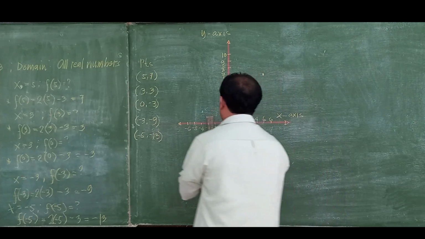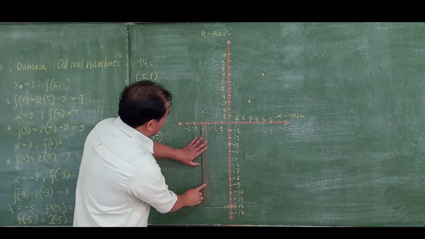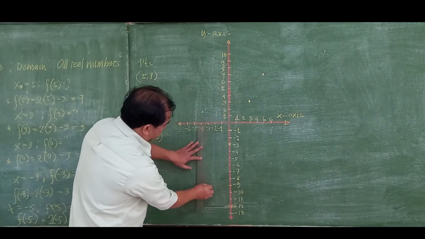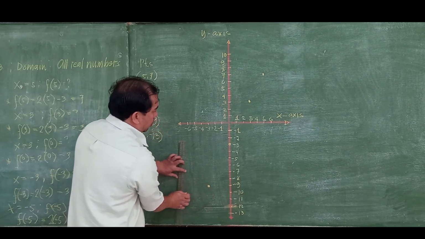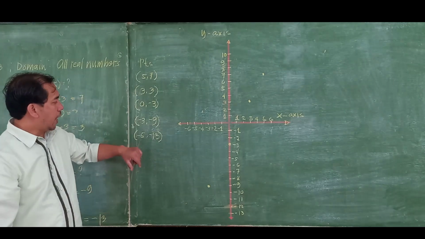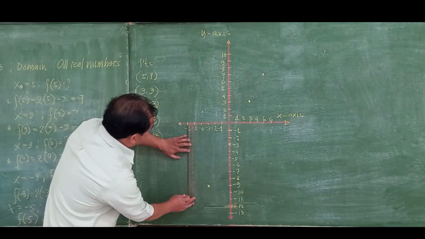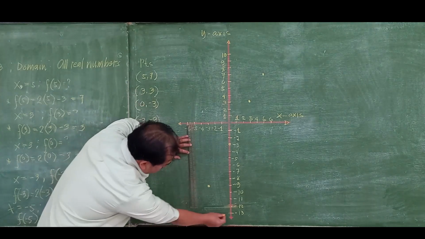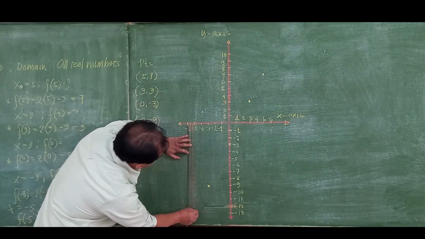We have it here, and the negative 9 is located here. So this is our point. Next, negative 5 and negative 13. The x is negative 5, so it is here. What about negative 13? It is located here.